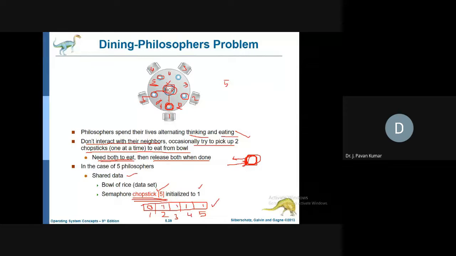That is the meaning. So whenever this semaphore value is greater than 0, then only he is able to enter the critical section. That means any philosopher is able to take that chopstick if the chopstick semaphore value is greater than 0, if it is 1. Now, how can we implement this?